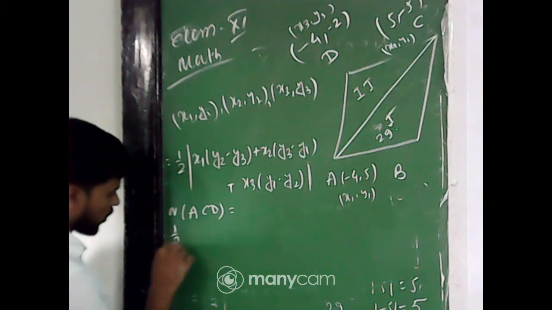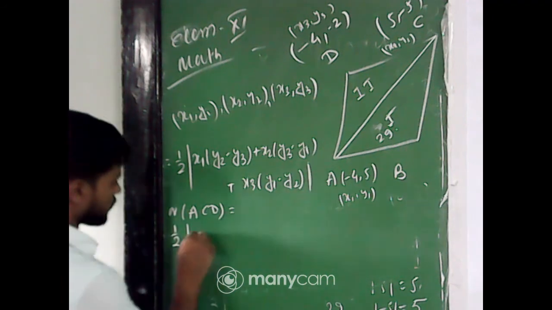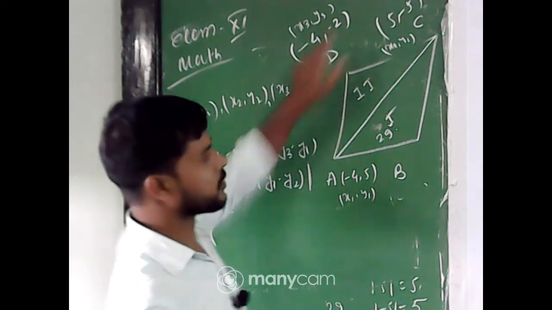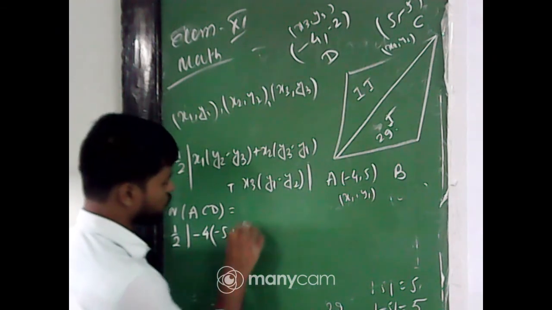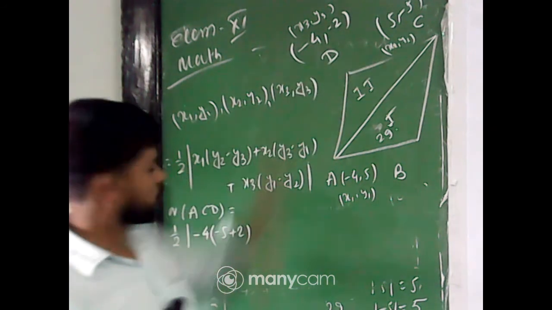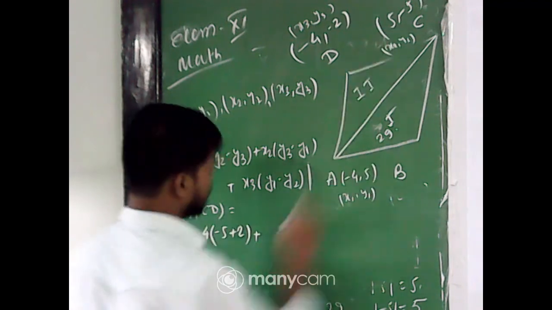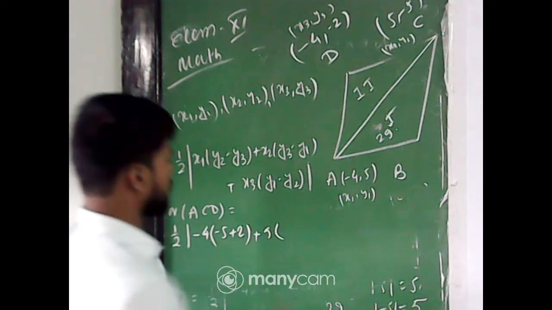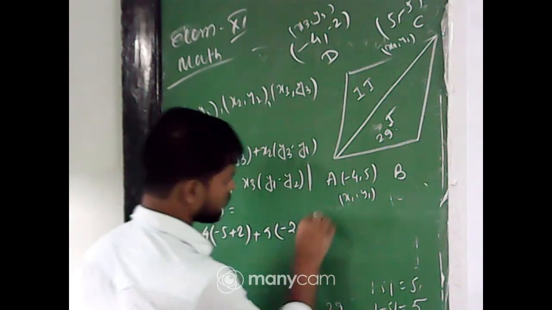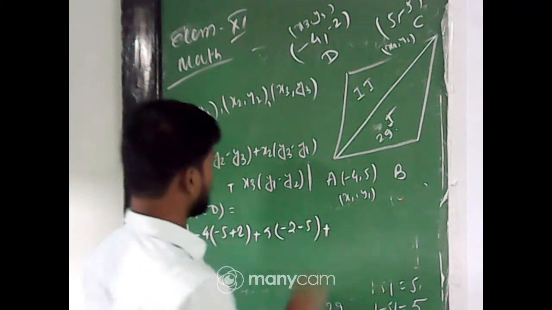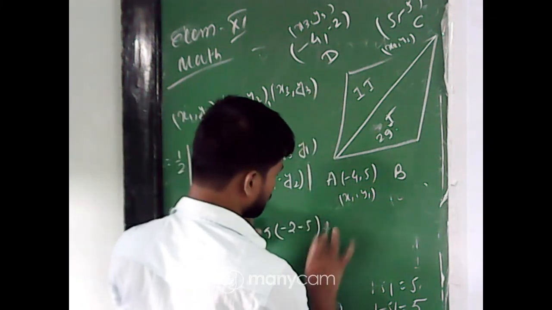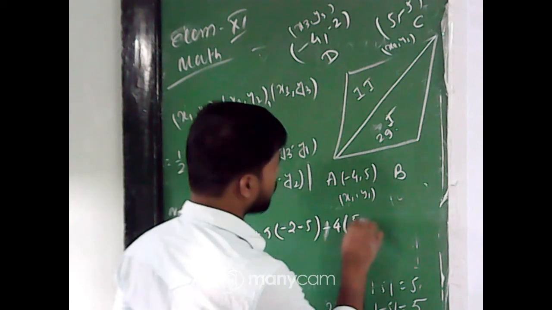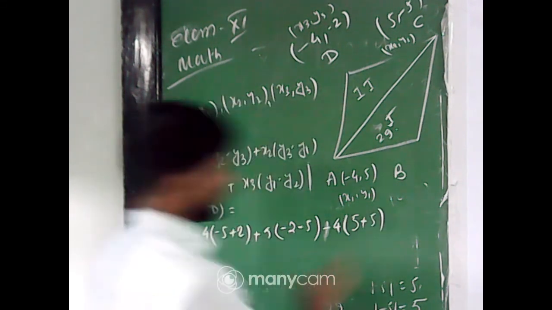So area equal to half mod of x1 into (y2 minus y3), so minus 5 minus of minus 3, so minus 5 plus 2, plus x2 which is equal to 5 into (y3 minus y1), so minus 2 minus of minus 5, plus x3 which is equal to minus 4 into (y1 minus y2), so minus 5 minus of 5.